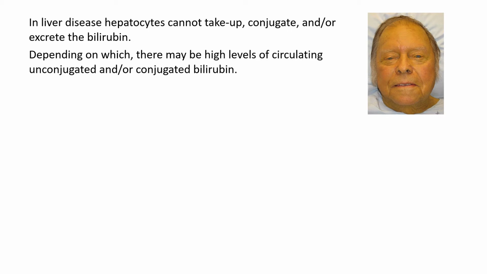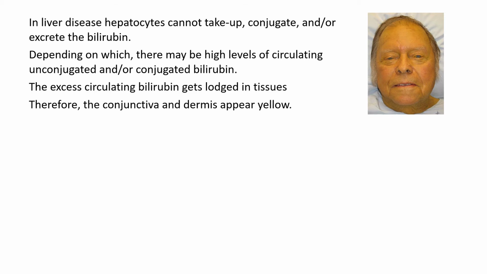Depending on which, there may be high levels of circulating either unconjugated or conjugated bilirubin. High levels of unconjugated if the hepatocytes haven't been able to conjugate it. If they've conjugated it but not been able to get rid of it, then it's going to be conjugated bilirubin circulating.